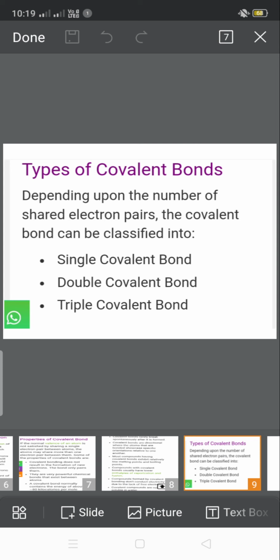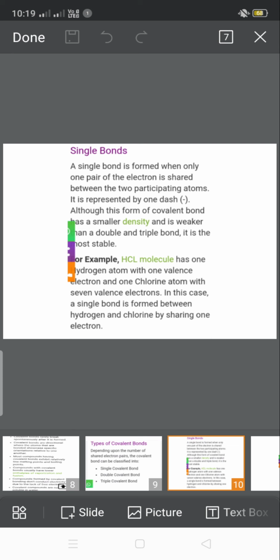Types of covalent bond. There are three types of covalent bonds: single covalent bond, double covalent bond, and triple covalent bond. Single bonds. A single bond is formed when only one pair of electrons is shared between two participating atoms. It is represented by one dash.